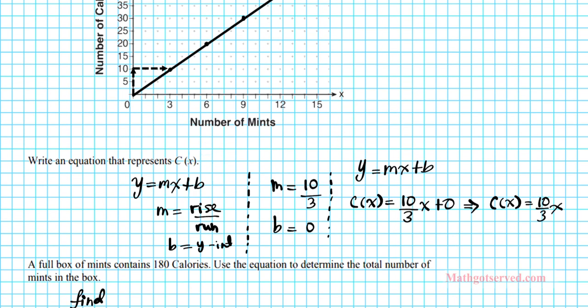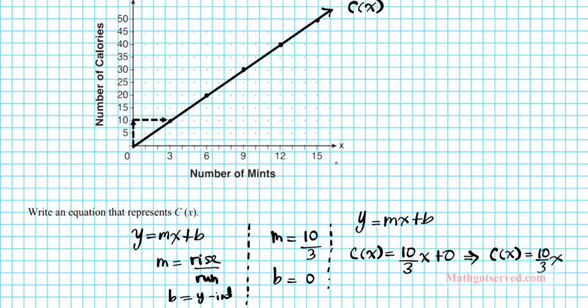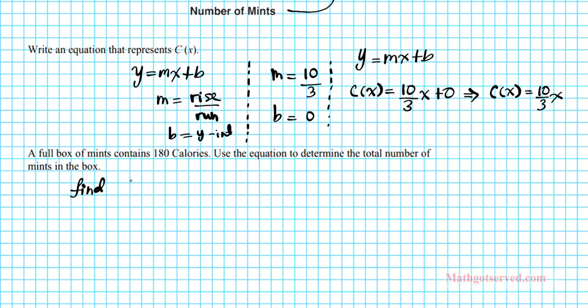Remember, the number of mints in the box is our independent variable. So find x when the amount of calories, c of x, is equal to 180. That's the algebraic equation that we're going to solve. We know that c of x is equal to 10 over 3x, as indicated in part B.